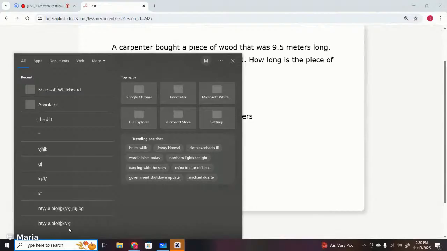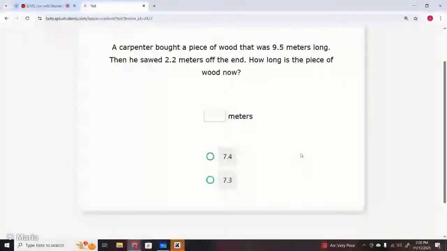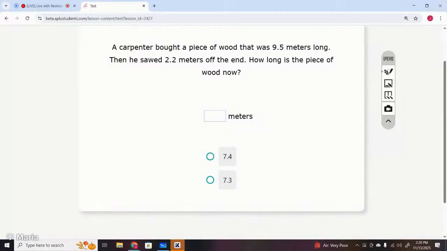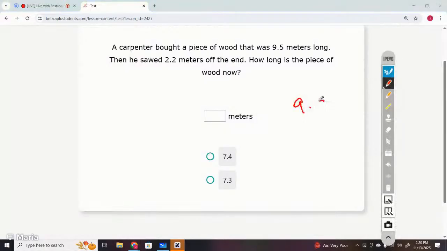A carpenter cut a piece of wood that was 9.5 meters. Then he sawed 2.2 meters off the end. How long is the piece of wood now? So the actual length of the piece of wood is 9.5 meters, right? Then 2.2 he sawed off. We need to find how much of the piece of wood he has left.